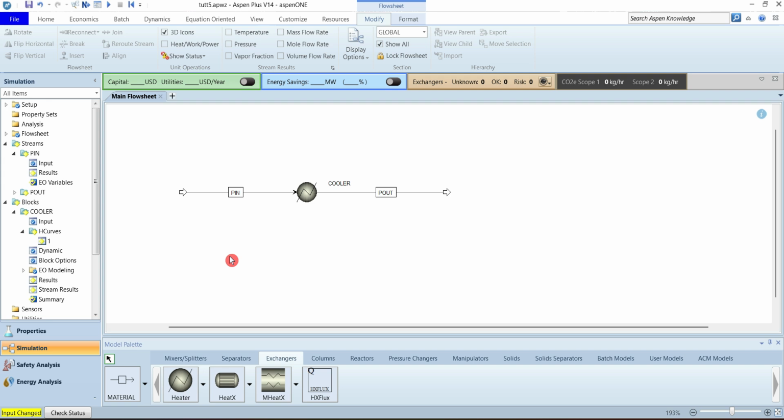What we can do is pass the same duty information to another heater block that will take cooling water as the inlet and heated cooling water as the outlet. So for that purpose, let's use another heater block.